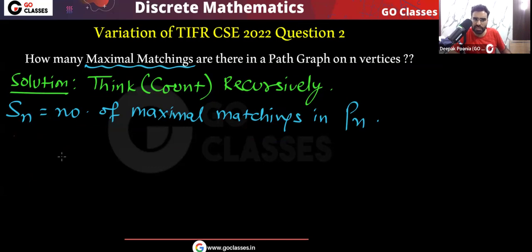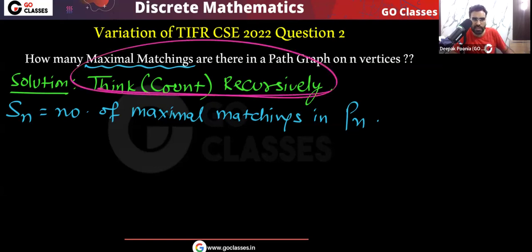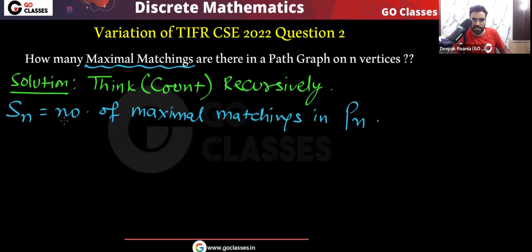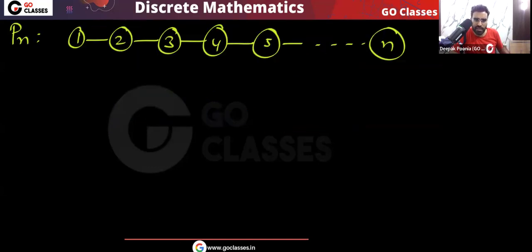So we need to count this Sn. Manually, you can find S1, the path graph on one vertex, on two vertices, on three vertices. Basically S1, S2, S3 you can find manually. These will be the base cases. But how to think recursively to find this Sn, that is, the total number of maximal matchings in Pn? So we need to find Sn.